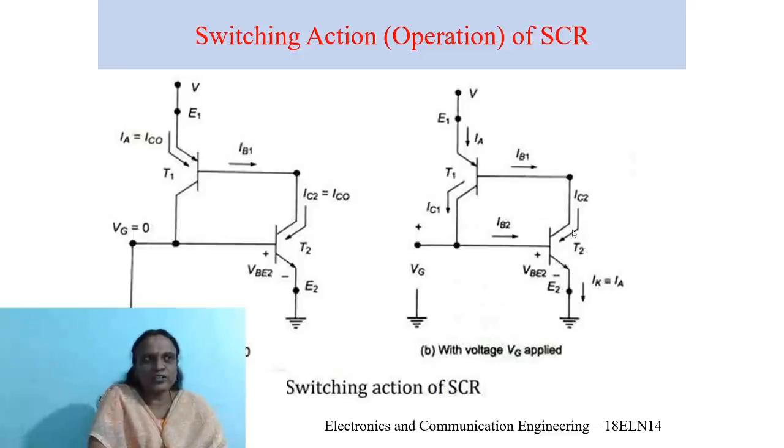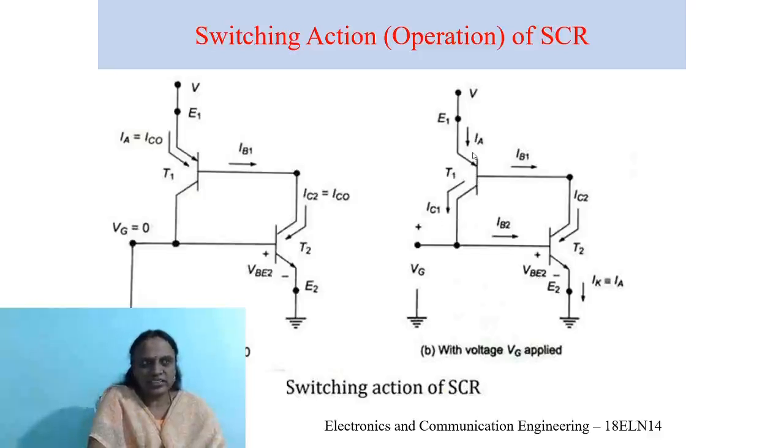When T2 turns on, the collector current IC2 will be large. As the base current of transistor 1, IB1, and the collector current of transistor 2, IC2, are equal, transistor T1 turns on, causing a large collector current IC1.